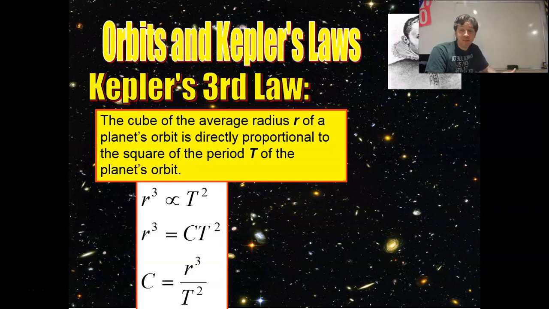But if you have a moon orbiting Mars, now we're orbiting a different object. The value of C is different. You will have a value of C for each object that you're orbiting. There's one for the sun, there's one for every planet. Whenever something is orbiting something else, that object you're orbiting has a certain Kepler's constant.